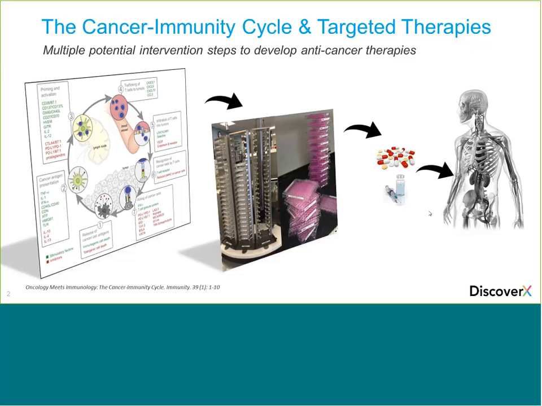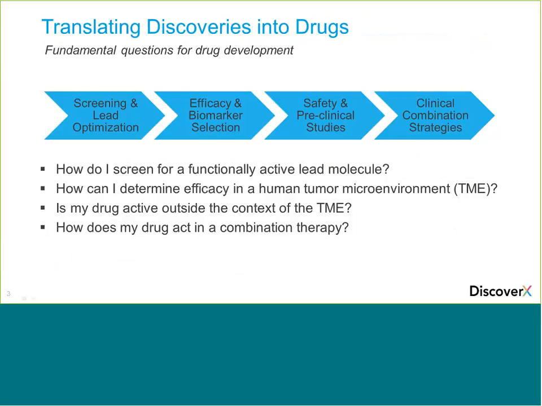Within that process of drug development, what we've done here is bin that entire process into 4 high-level categories, all the way from screening and optimization of lead molecules, to testing for efficacy and biomarkers in a human tumor microenvironment, and safety preclinical studies, and even further downstream, looking at clinical combination strategies for your particular molecule.